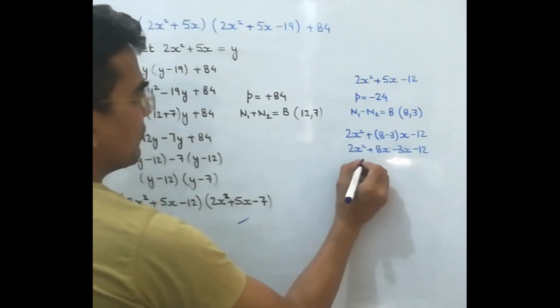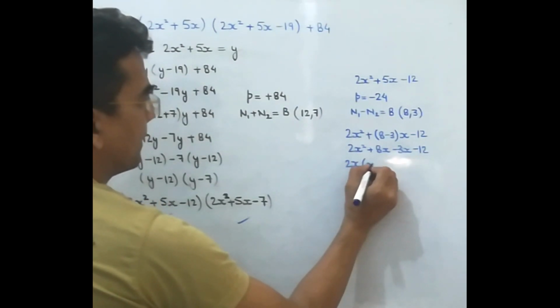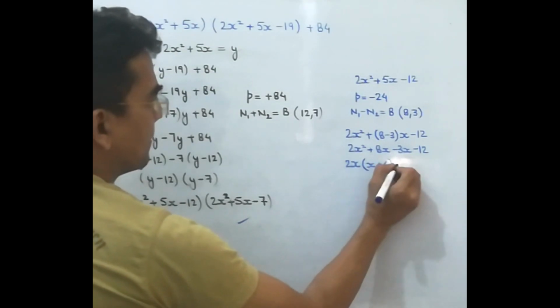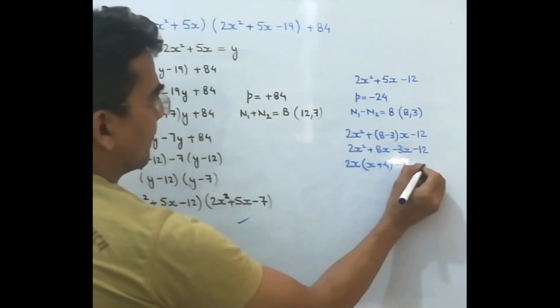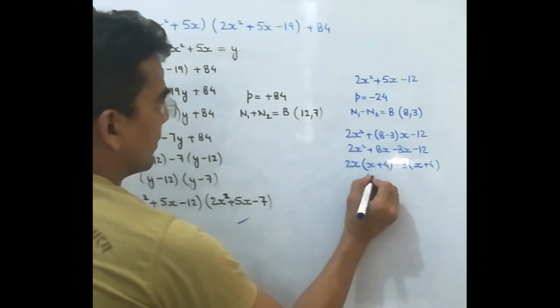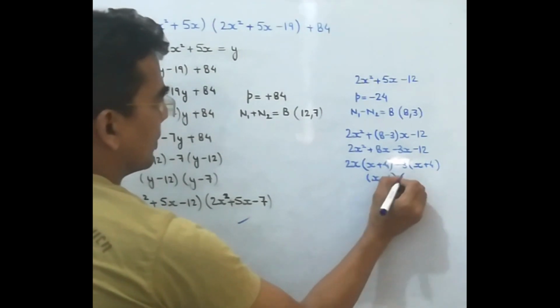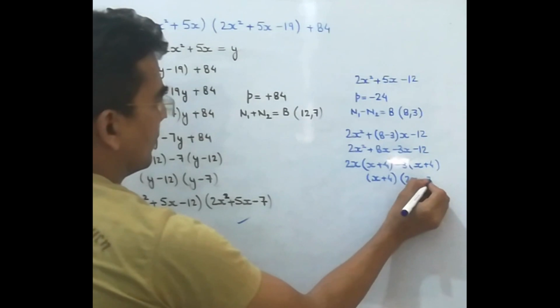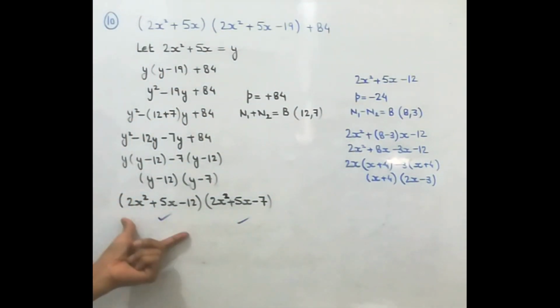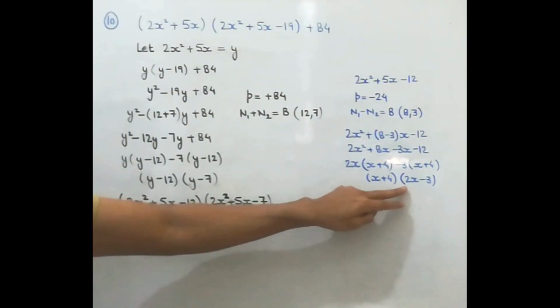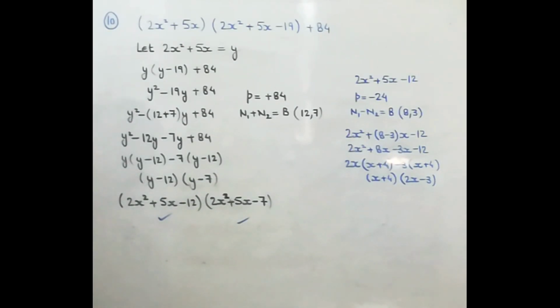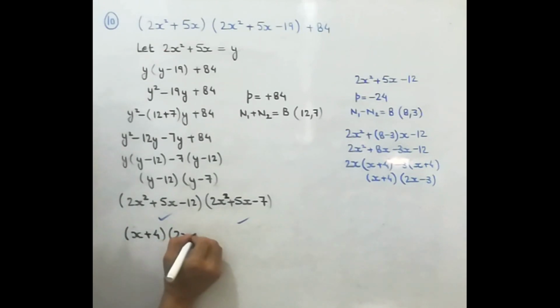So taking common from the group, the factorization for this part is x plus 4 into 2x minus 3. So this one can be replaced by x plus 4 and 2x minus 3. Hope this part is clear to you.